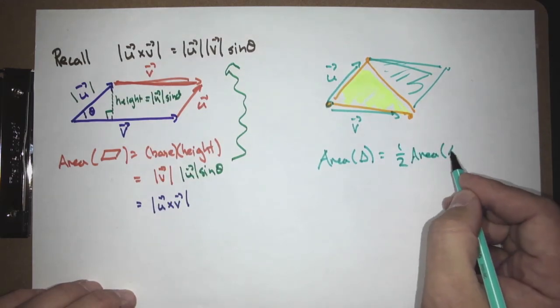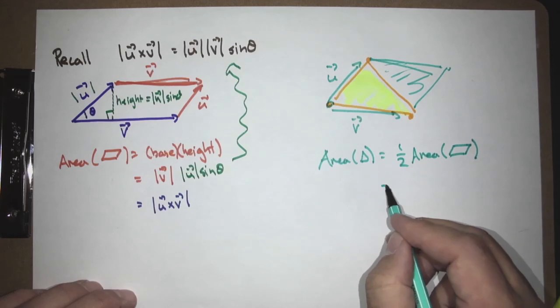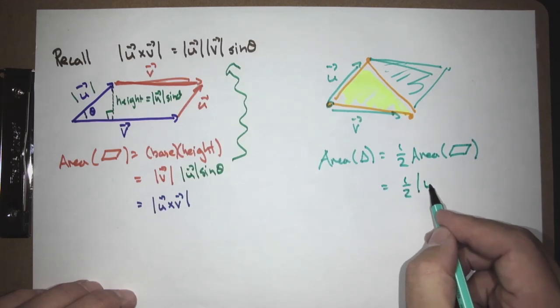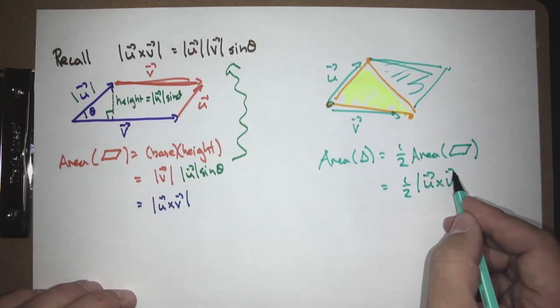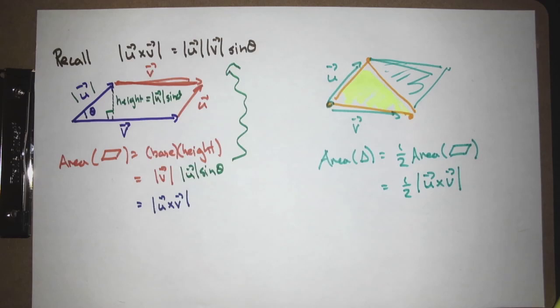And we say, well, hey, good news. We already know how to find that. It's 1/2 the magnitude of the cross product. And boy, do they love asking you for areas of triangles. They just do it again and again and again.